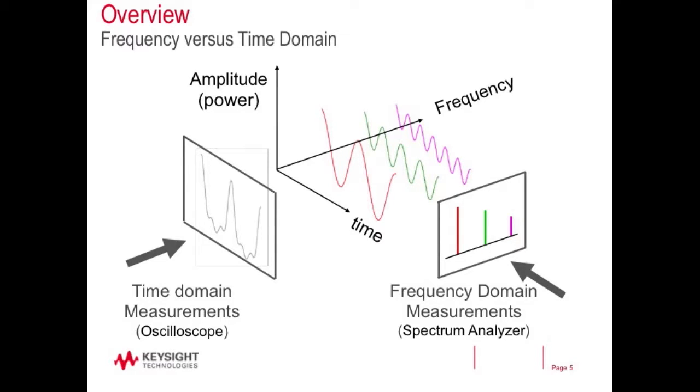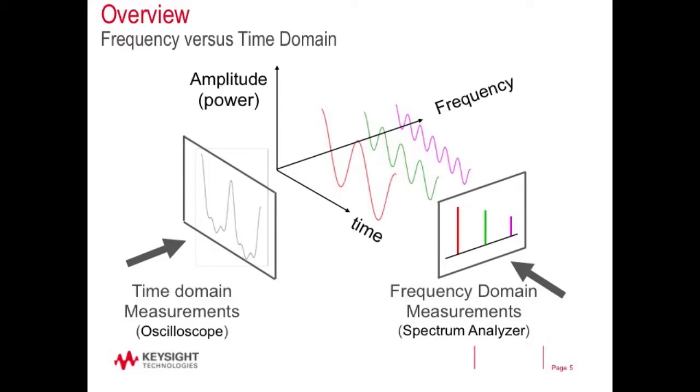What we're able to do inside of a spectrum or signal analyzer is take this periodic signal that looks something like this and decompose it into its various frequency components. Here you can see in the picture that this is basically a summation of these signals: my red sine wave, my green sine wave, my purple sine wave.